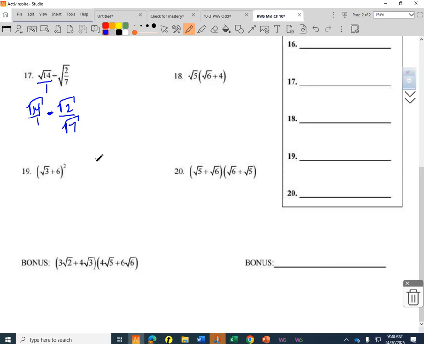I think the easiest thing to do is to go ahead and get this radical out of the denominator. Let's go ahead and multiply this whole thing by square root of 7 over square root of 7.